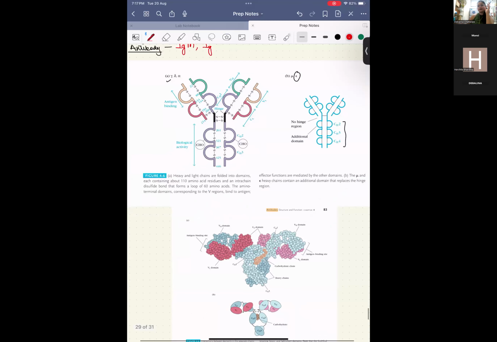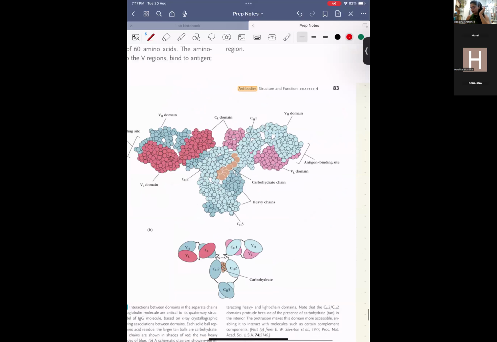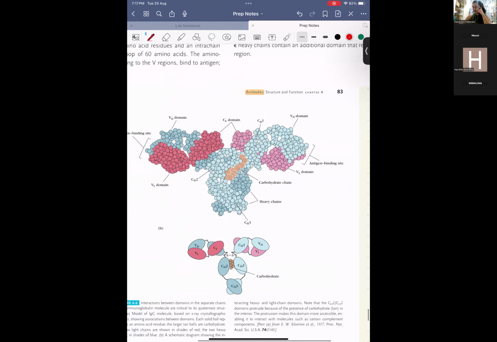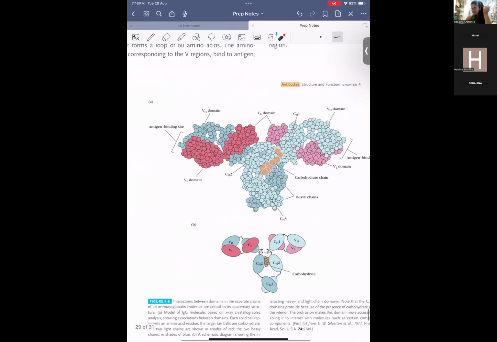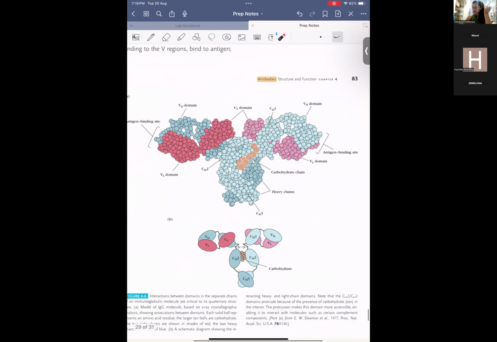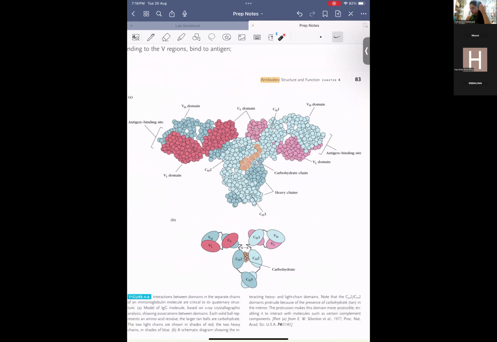This is what I'm saying: when it folds in 3D, this is how the structure looks. Despite the 3D fold, this is the Y-shaped structure that we were talking about, and your antigen binding sites remain at the absolute tip of the Y molecule despite its 3D folding.